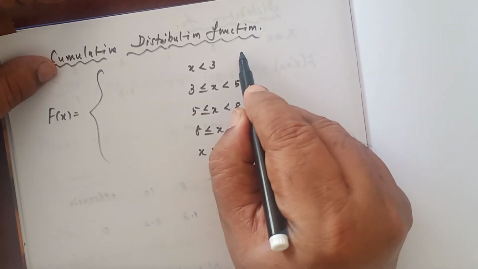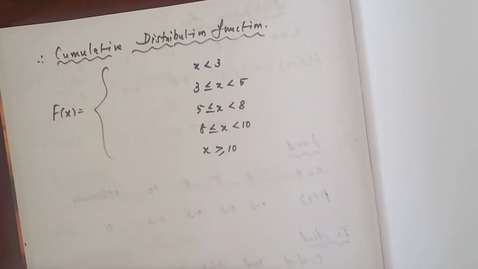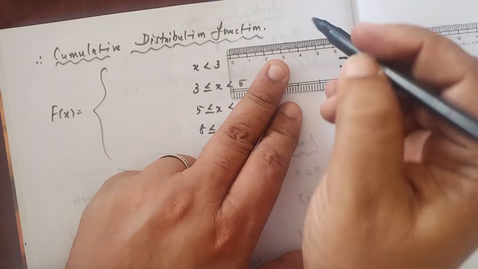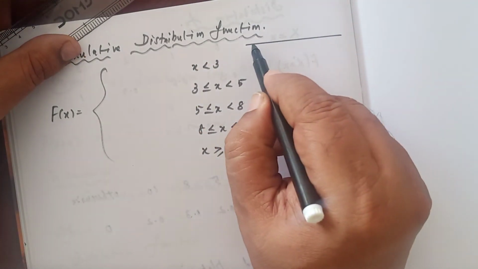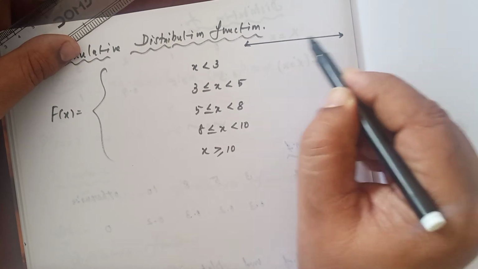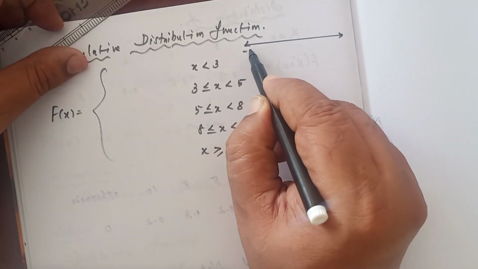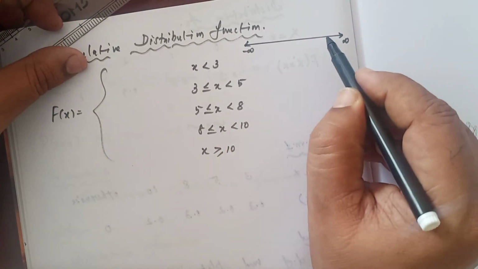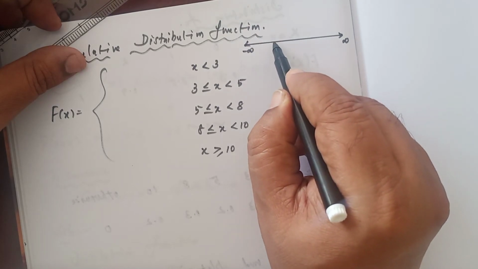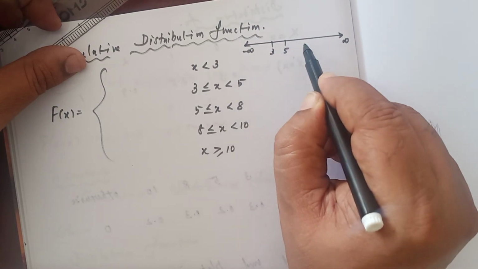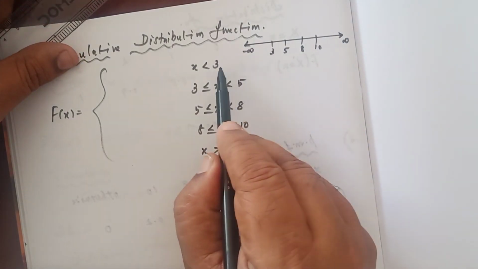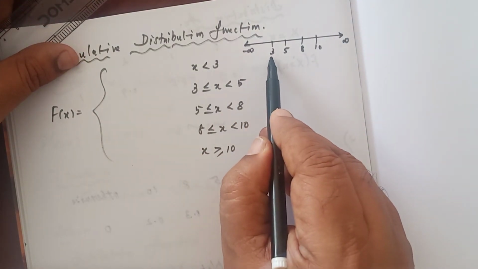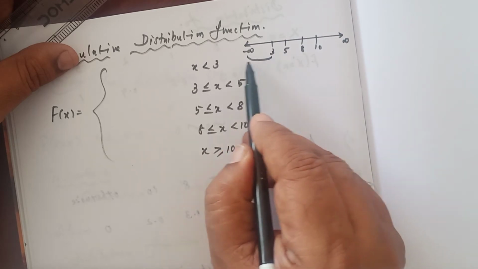Actually, for your reference, I write over here minus infinity to plus infinity. We have the numbers 3, 5, 8, 10. First one, x less than 3 means this portion.